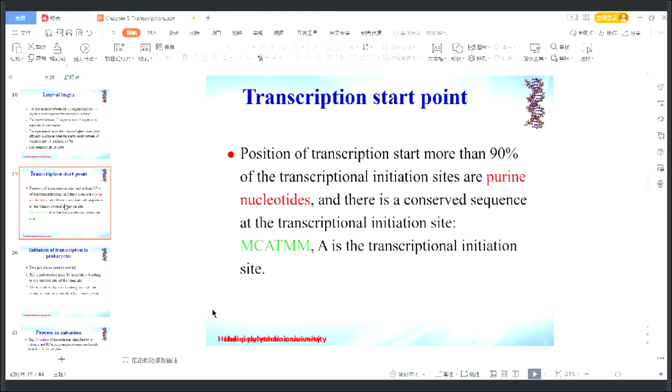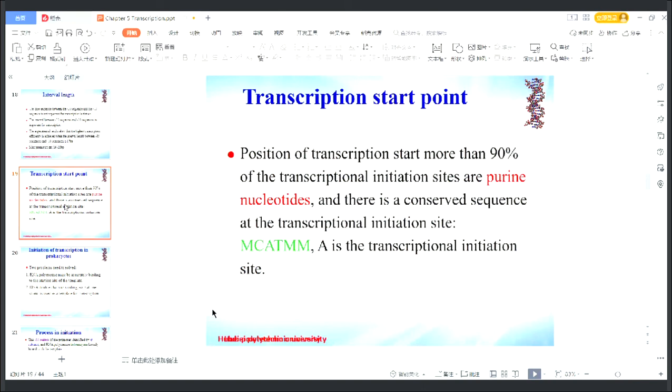And another thing you can see: summarizing the products of transcription, more than 90% of the transcription initiation sites are purine nucleotides. And summarizing, we find this kind of conservative sequence beginning here is the origin point for the transcription.